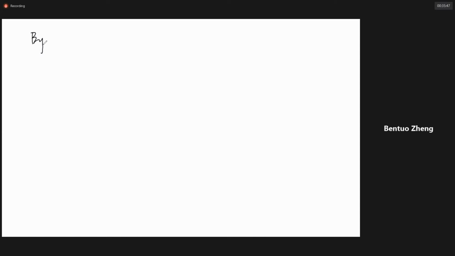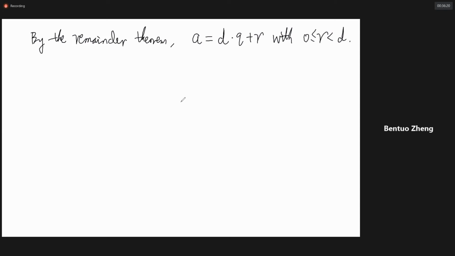Okay, so by the remainder theorem, we can write A is equal to D times Q plus R, with R between 0 and D. So what we get is R is equal to A minus DQ.